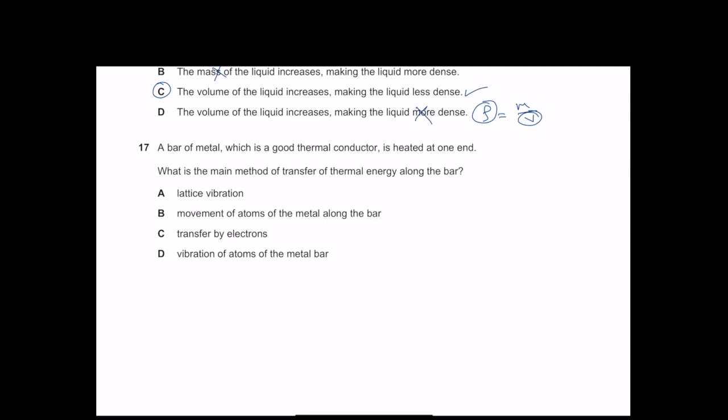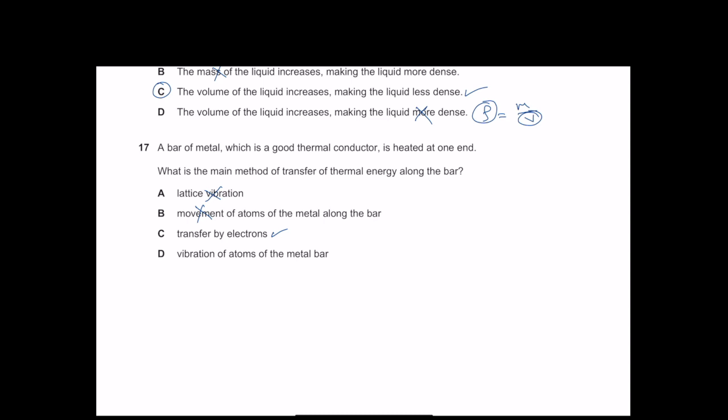Let's see. Less vibration? No, this is a way. Movement of atoms? No, there is no movement of atoms. Transfer by electrons? Yes, I agree with that. The free electrons through metals could transfer from one point to another on the bar.